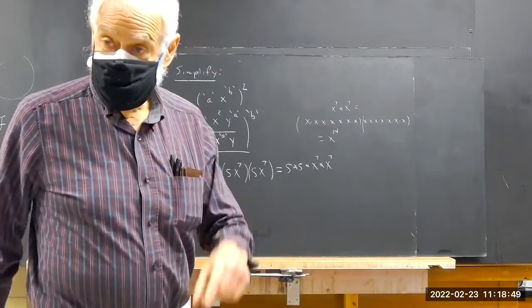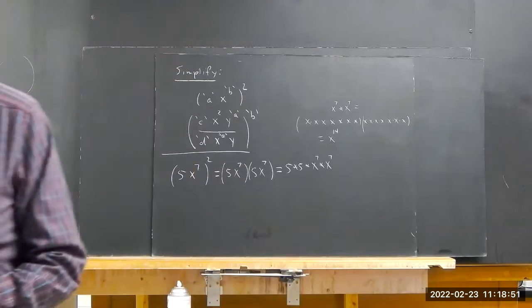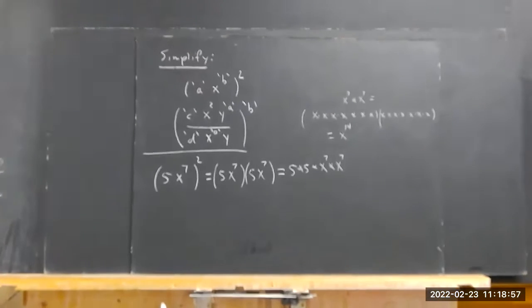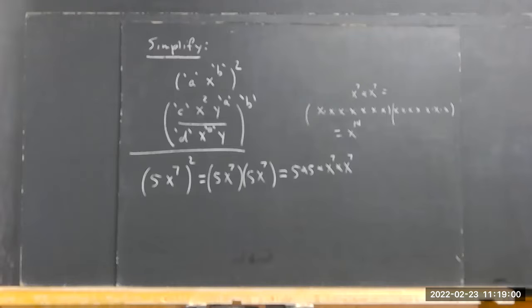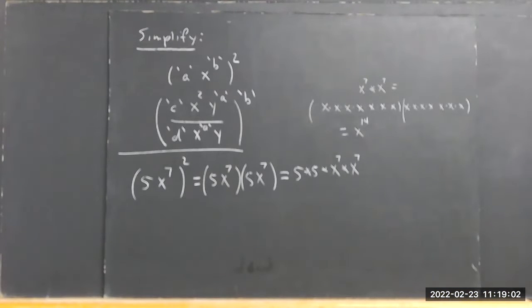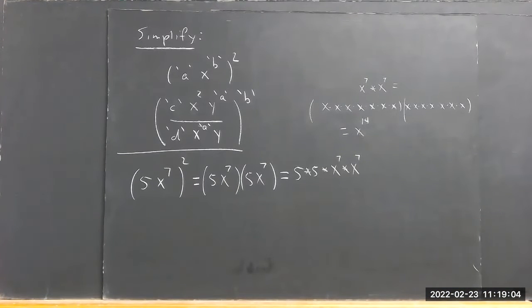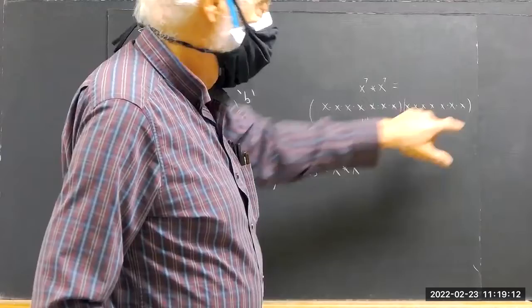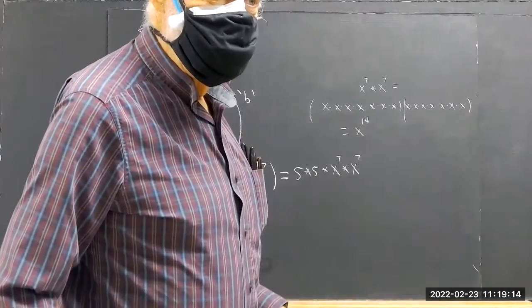And again, I recommend strongly, for your future happiness and security, obviously you're not going to write that out, but think it. Remind yourself of why we're adding these exponents. Because you add how many you got here to how many you got here, it gives you how many you got.